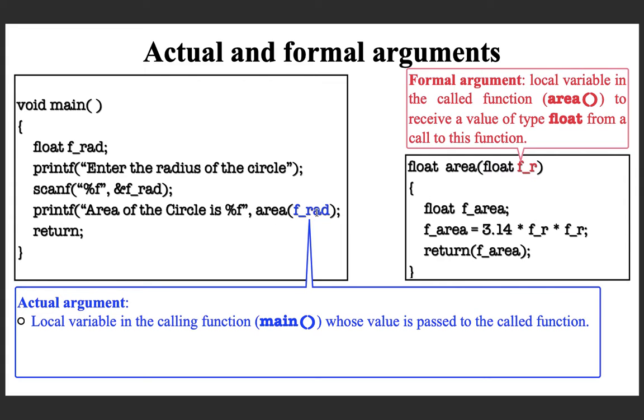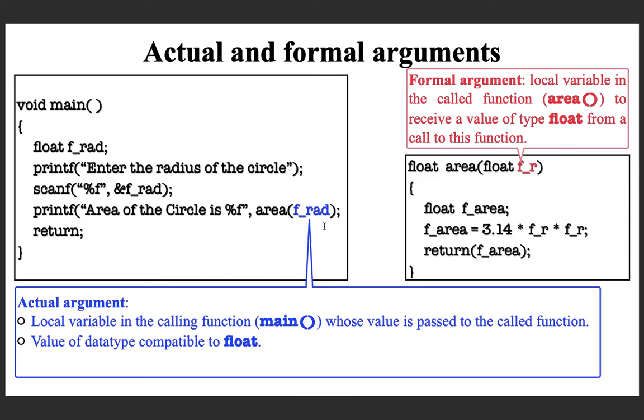There could be any number of calls, and in each call you have to pass actual values of arguments which can be received in the function instance created on the stack. And this is what is called actual argument, and that could be a local variable in the calling function, in this case main, whose value is passed to the called function. So whatever be the value of this is passed.